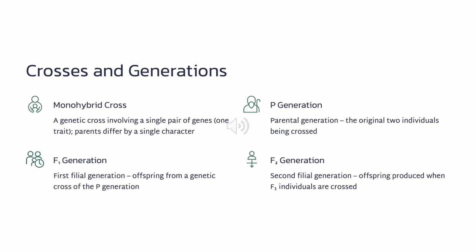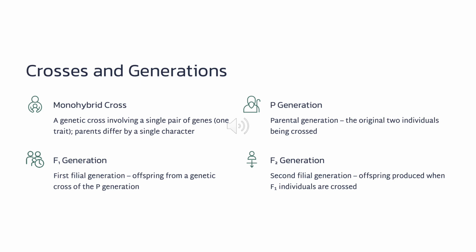This is the original two individuals being crossed together, and this mating or cross will produce the F1 generation. This is the first filial generation, the offspring from a genetic cross of the P generation, and later it will produce the F2 generation.